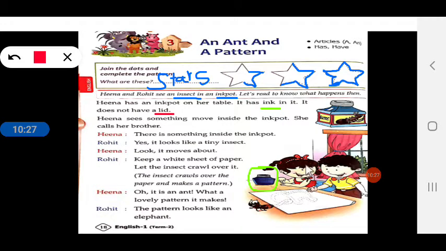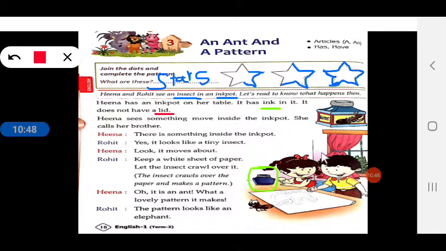She looks into this ink pot and there is something inside it. Something fell into the ink pot, and it is walking in that ink, floating in the ink or moving in the ink pot.